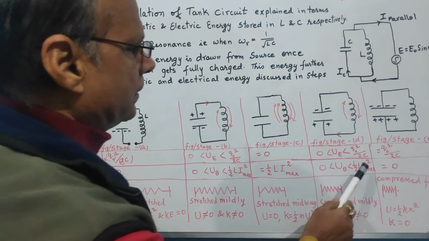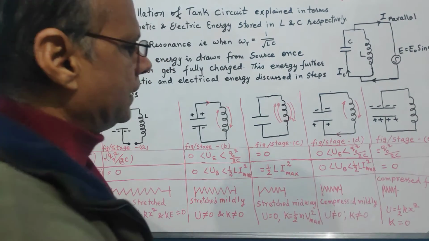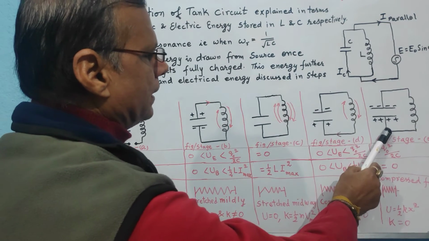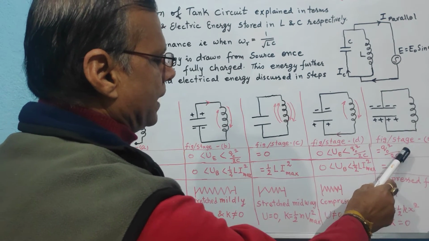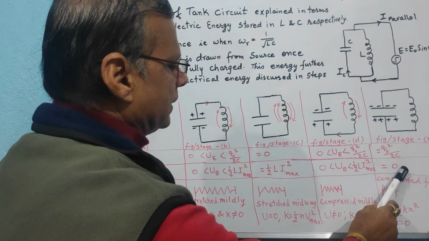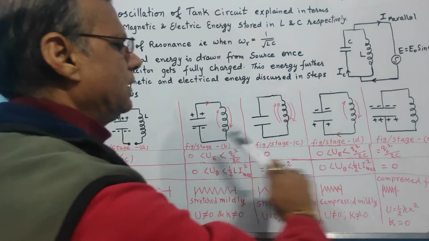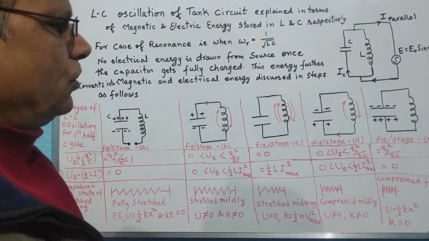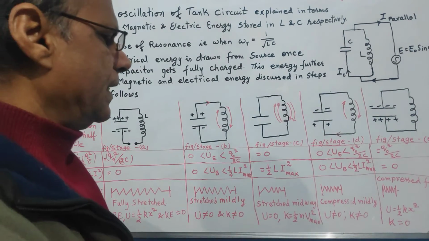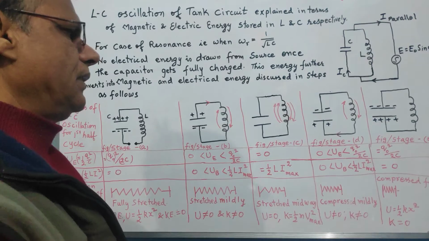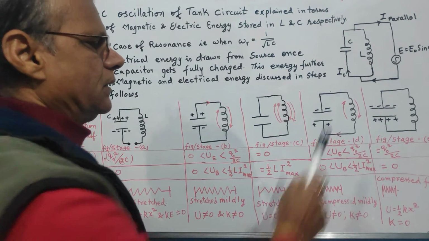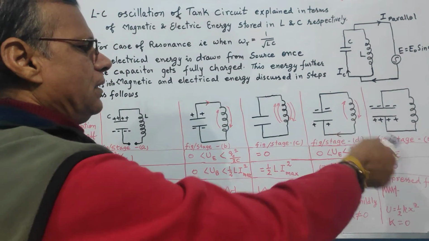Finally in the fifth stage, the electrical energy is maximum and the magnetic energy is minimum, equal to 0. In these 5 stages, it has completed the first half cycle of the oscillation. In the second half of the cycle, the whole thing will be repeated in the reverse sense.